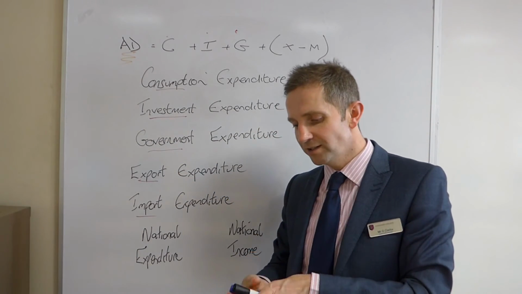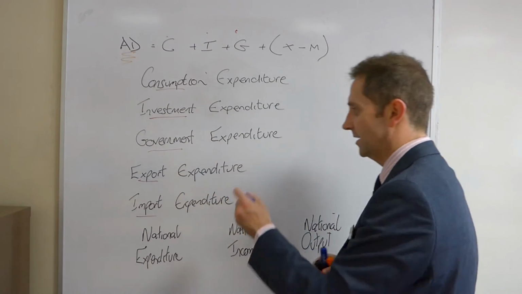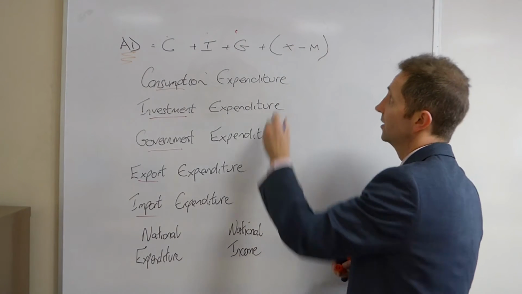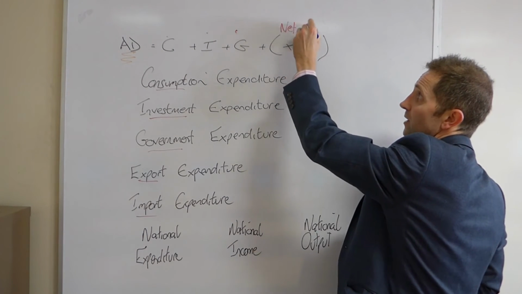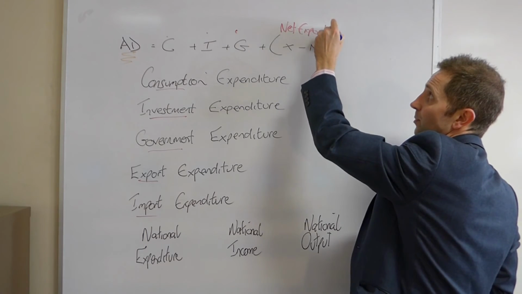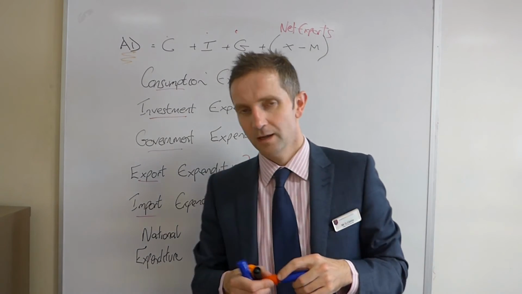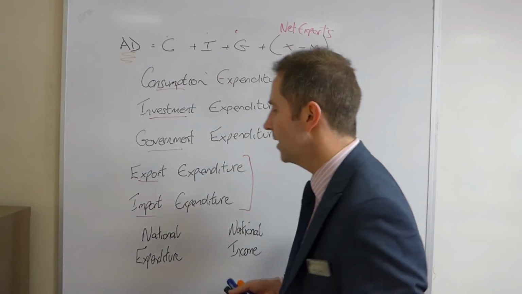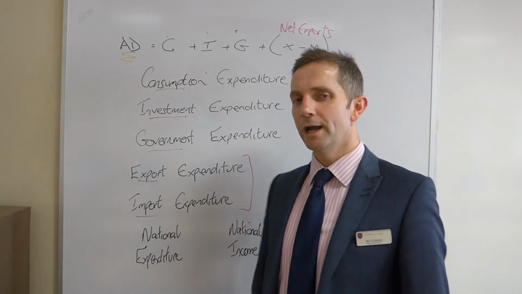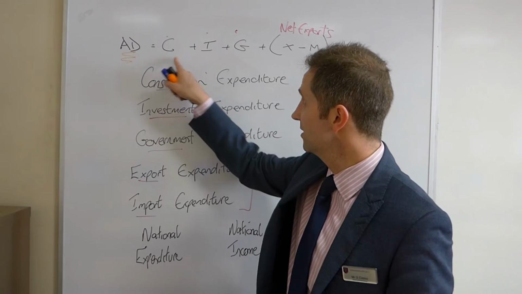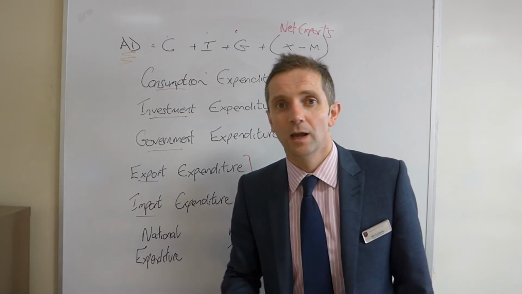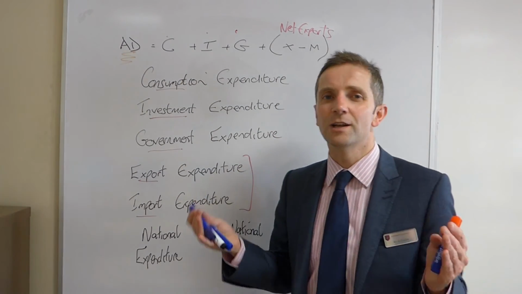So those two things together actually, ladies and gentlemen, X and M, exports minus imports, that is sometimes referred to in the business as net exports. So those two things, net exports. Now what is it, ladies and gentlemen, that we're actually measuring when we add these things together, C plus I plus G plus X minus M? Well, we're measuring, you could call it a number of different things.